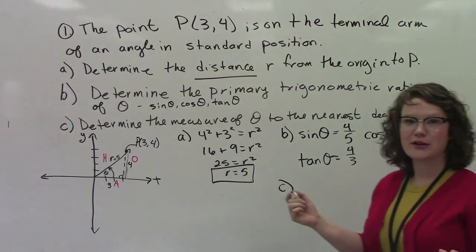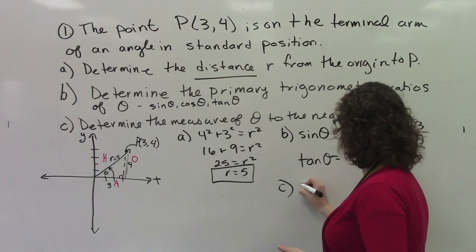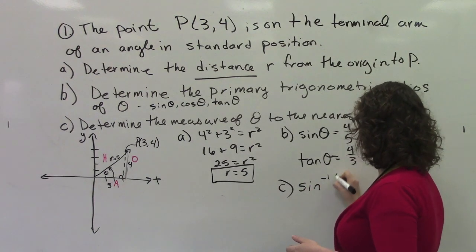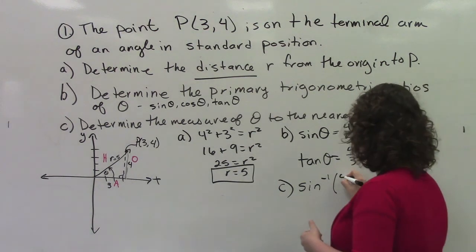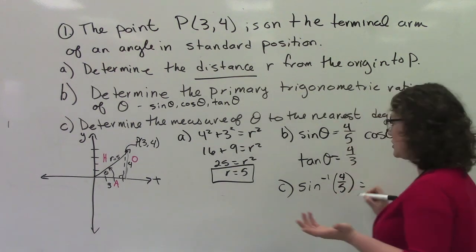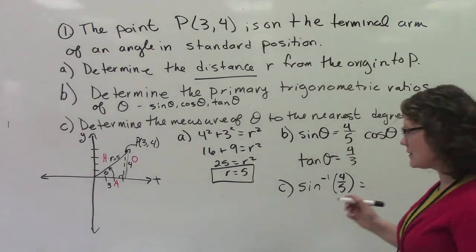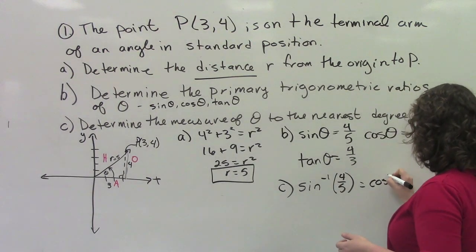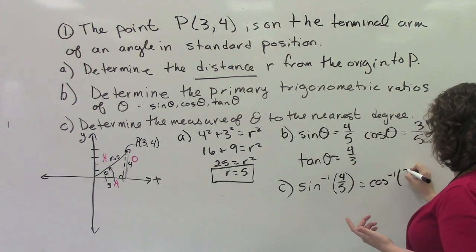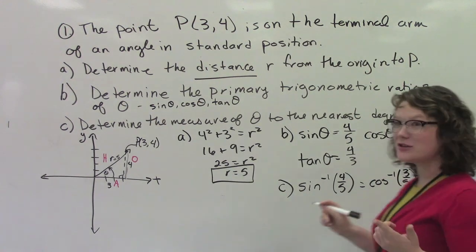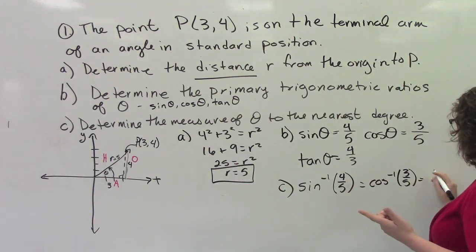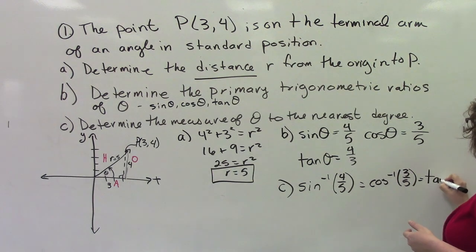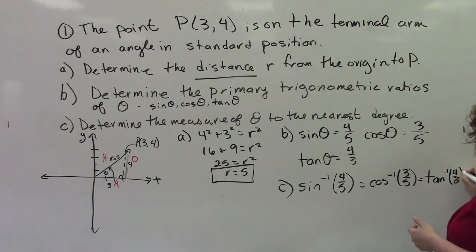All we have to do is use our inverse function. So I can take sine inverse of 4 over 5, which is going to give me the exact same answer as cos inverse of 3 over 5, which is going to give me the exact same answer as, you bet, tan inverse of 4 over 3.